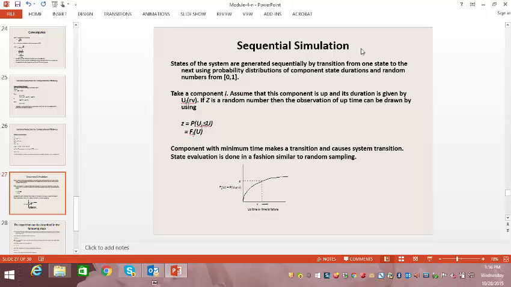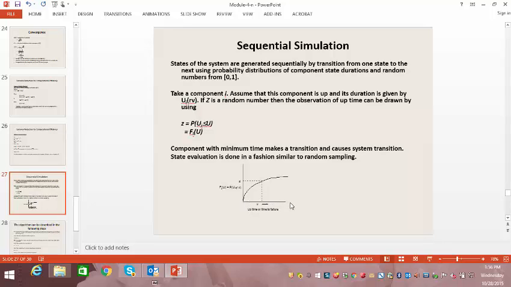So first we have to have a method to find out how to find the time of transition to the next state. And the method used is similar to the one used in the sampling that we have shown. Here is a random variable.